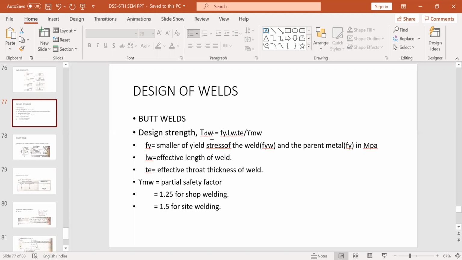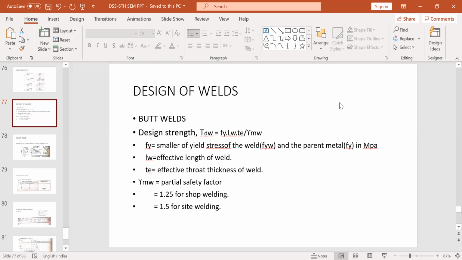Once you find the design strength, sometimes this design strength will be equal to the pull or the tension. Suppose you are welding two members end to end. Obviously it will be a butt weld.